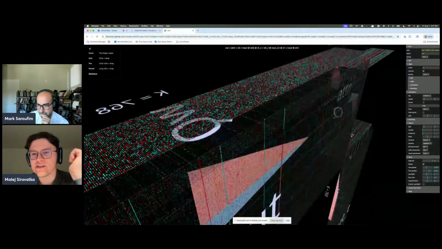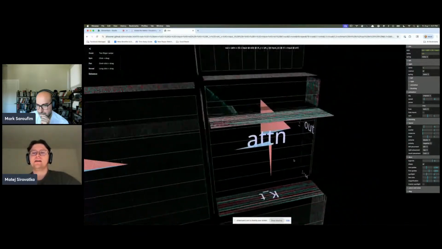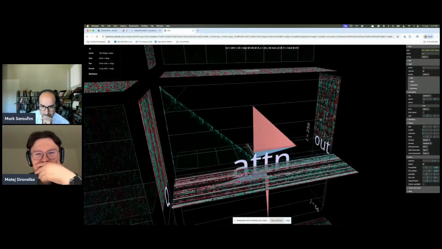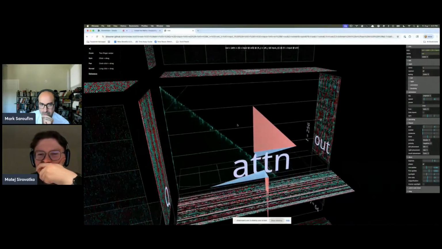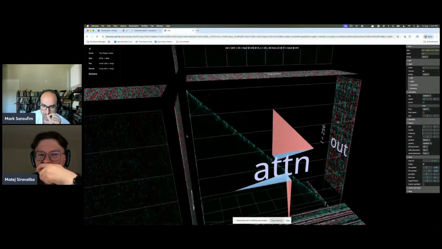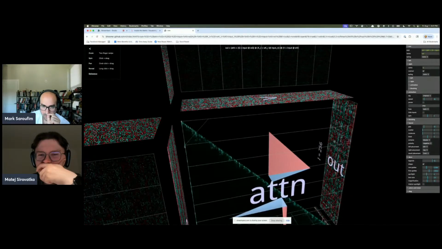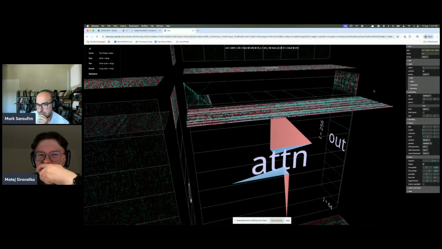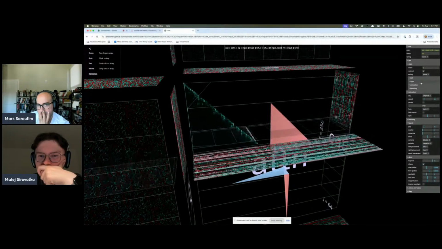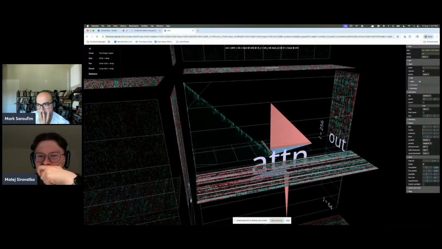Okay, so the thing I'd like to see is the attention map. Why is this just only blues, for example? That also seems strange to me. Actually, wait.